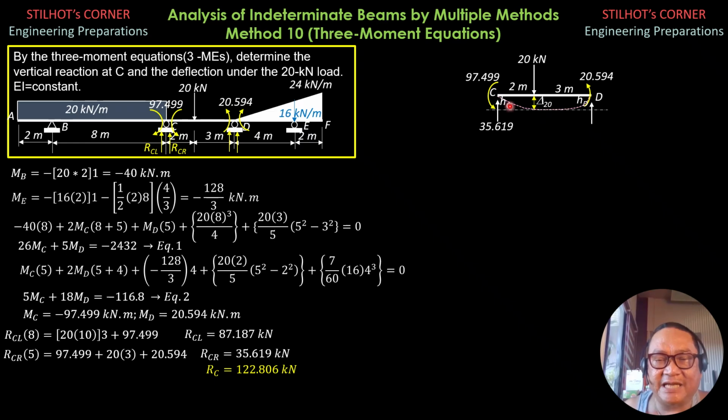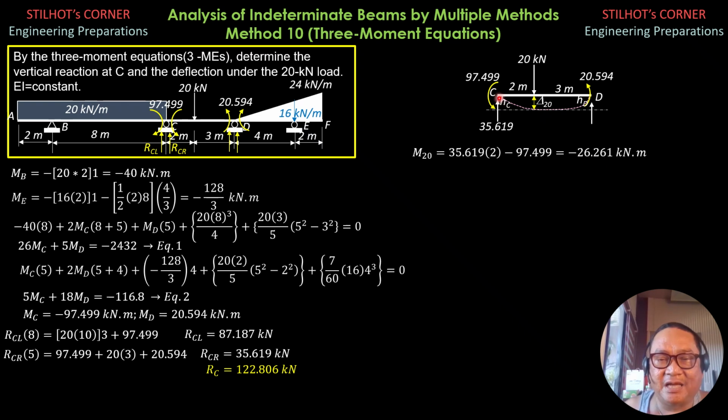I'll call this hC, which is equal to delta 20, and hD is also equal to delta 20. The moment under the 20 kilonewton load is simply, we sum up moments considering these loadings. So 35.619 times 2 minus 97.499. So it is negative 26.261 kilonewton meter.